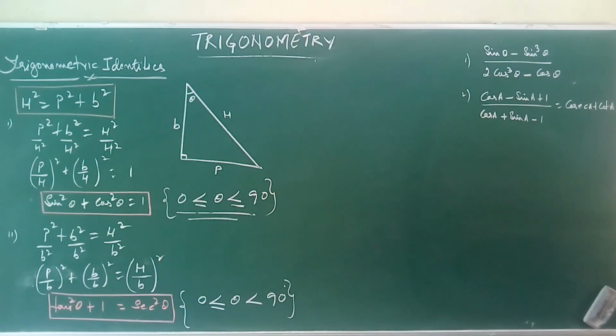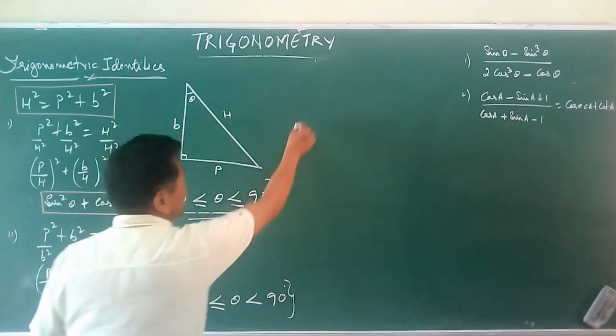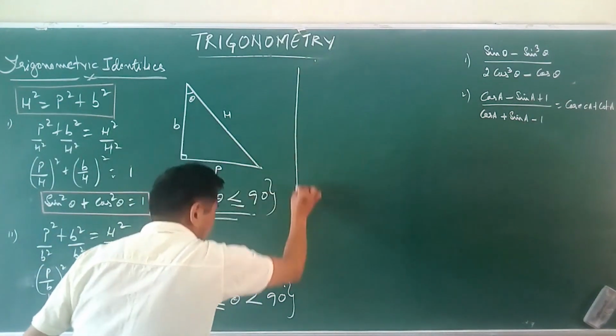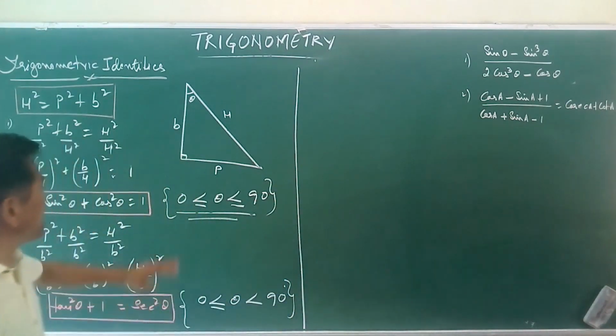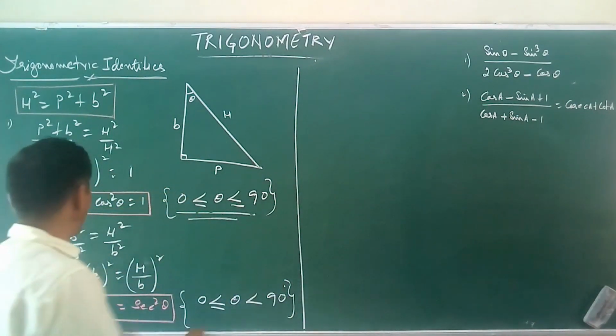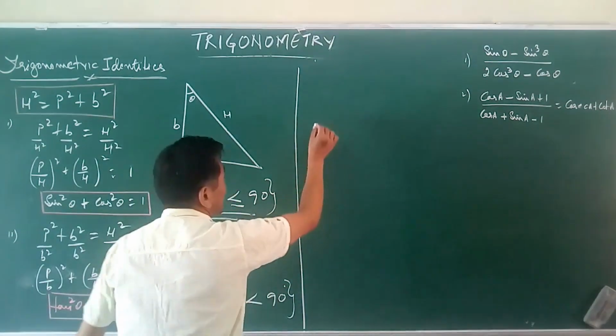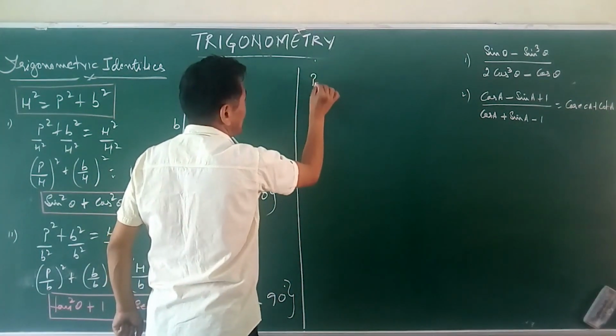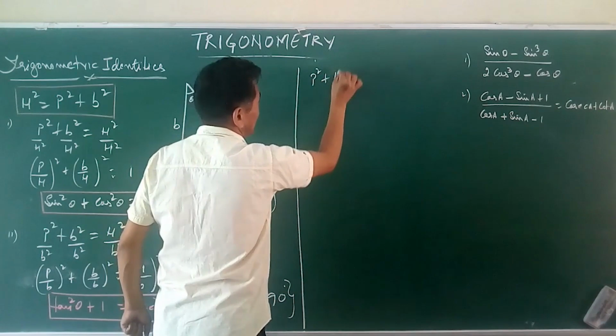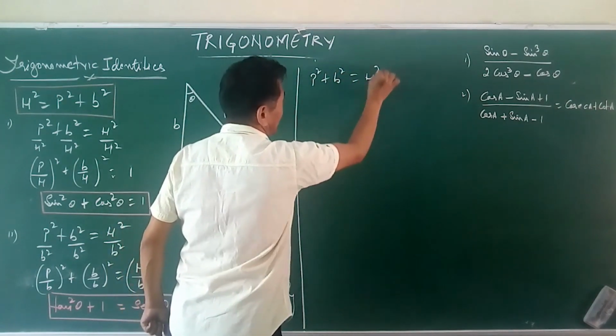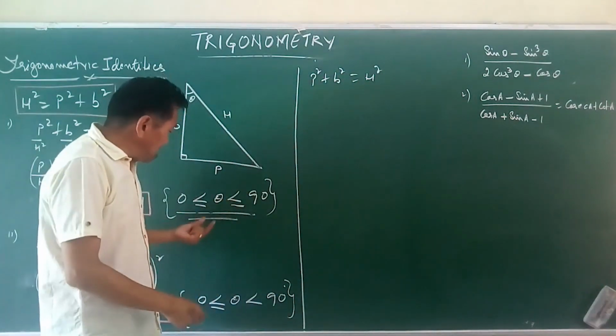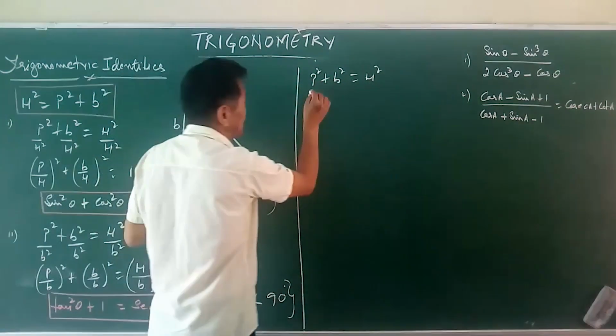Then the third identity is exactly the same, only that we are going to divide by p. So let's see here again, p by b is the identity. p square plus b square is equal to h square, the Pythagoras theorem, and divide all by p square.